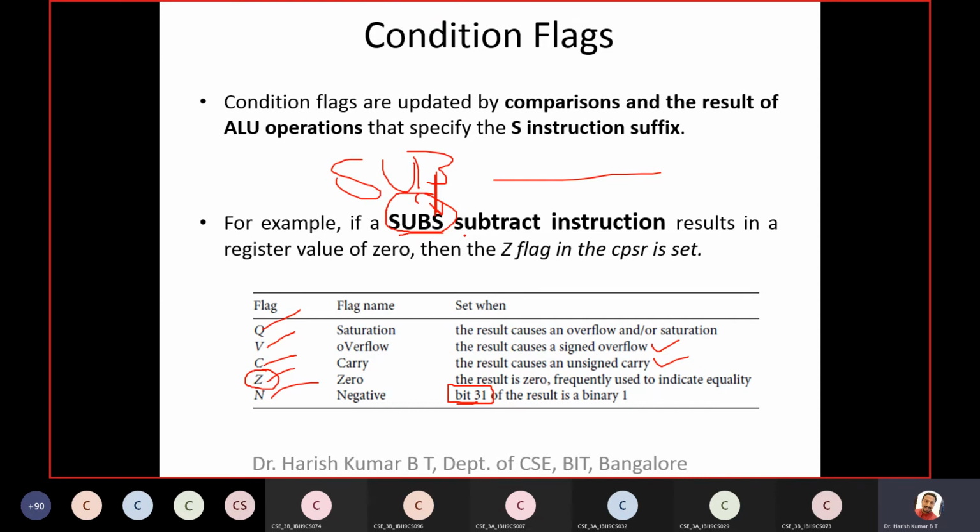If I want the zero flag to be affected, then instead of SUB I need to use SUBS, the subtract instruction with the suffix S. SUBS R0, R1, R2 will subtract the content of register R2 from R1, and if the result in destination register R0 is 0, then the zero flag will be set. If the result is not 0, the zero flag is not set. Clear, right?